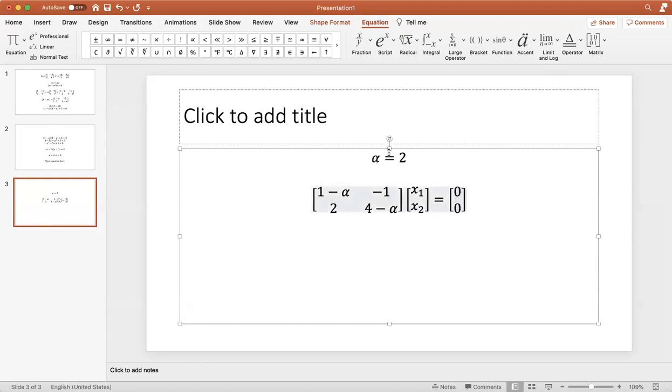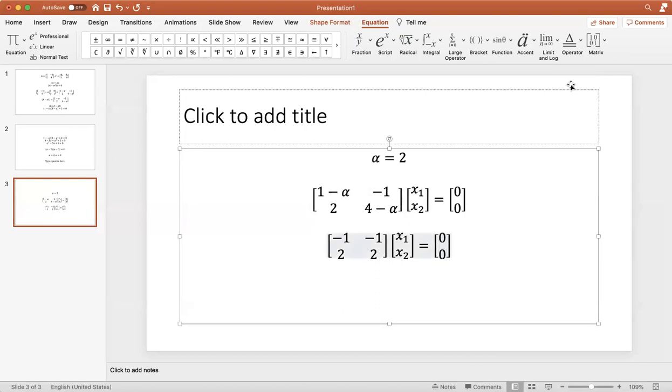So I'm just going to plug in alpha here, and then let's revert this back to its system of equation form. Just to show you what happens, if I plug in 2, I'll get 1 minus 2, that's negative 1. This is still negative 1, this is still 2, and 4 minus 2 is 2. You have x1, x2, and the right-hand side is equal to 0.